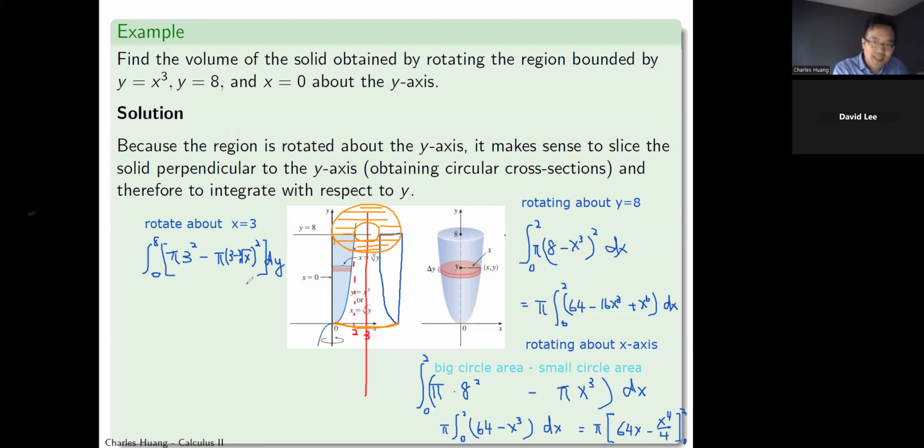In this case, we won't ask you to calculate this because it will be a big mess. But you could still calculate it. There will be 2 terms left after you expand the bracket. So it's not too hard, but it's a little bit messy with all the cube roots and squares.